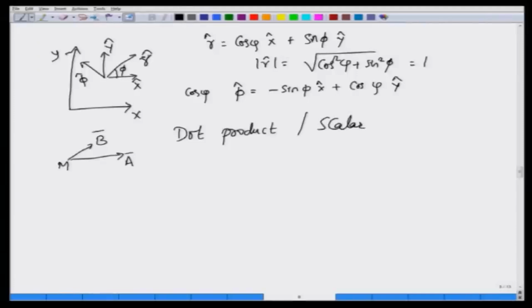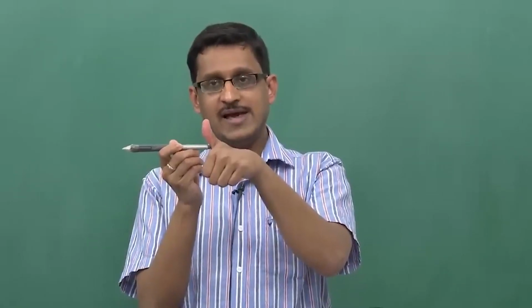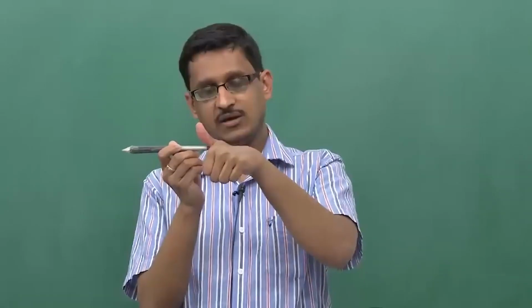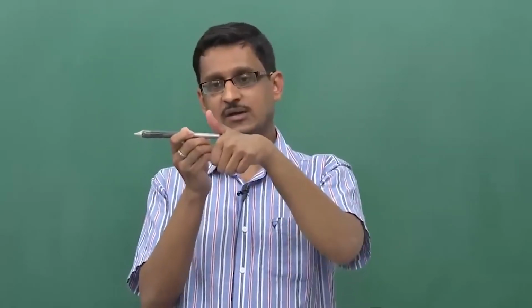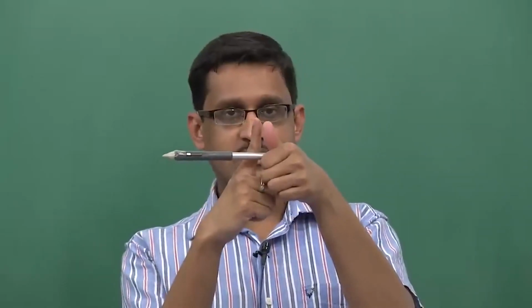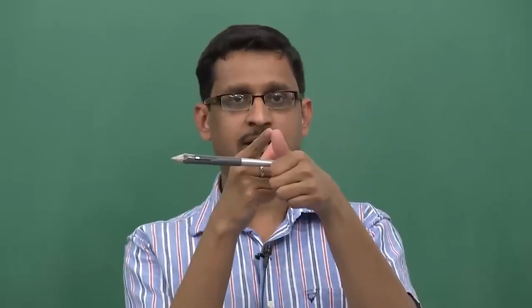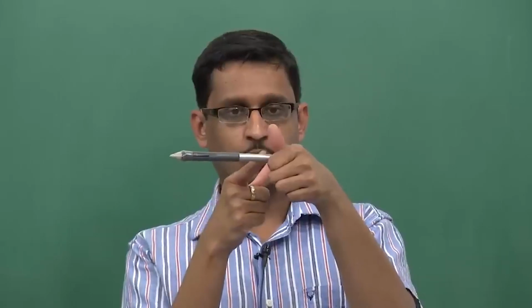So, what is this dot product? Well, take two vectors A and B. Now, I have two vectors over here. This stick represents a vector. This is a good way to show the vector, and then I have another vector B. The dot product is defined as the length of the component of B along the vector A. Now imagine that someone takes a ruler or a scale and drops a perpendicular from the tip of the vector B to the vector A, to a point on the vector A. So, this tip would fall here.